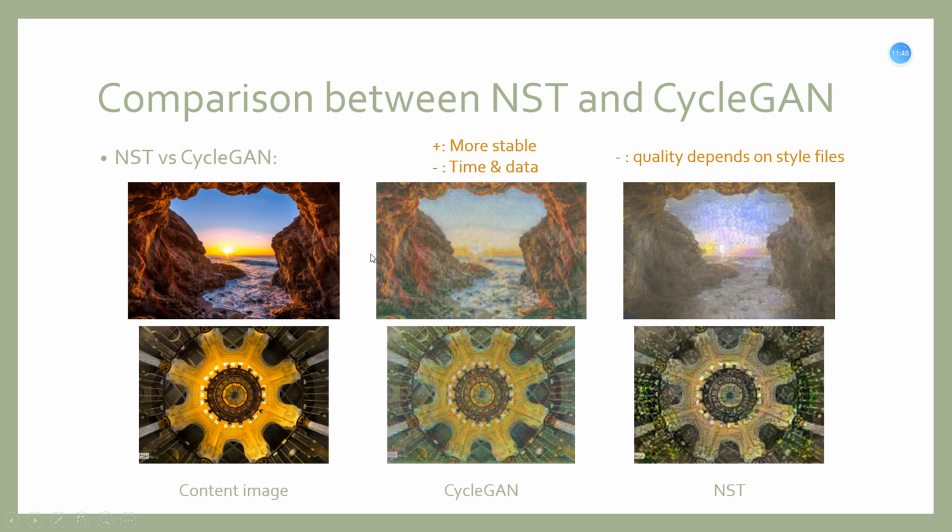It can preserve the original color. However, like I said, it's time consuming and it needs more data. For AST, we also said that its quality depends on style files. However, if we can choose the right style file, the quality of AST is quite good. It may be better than CycleGAN.